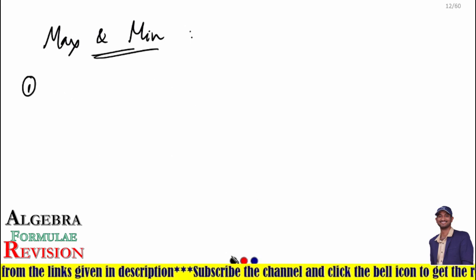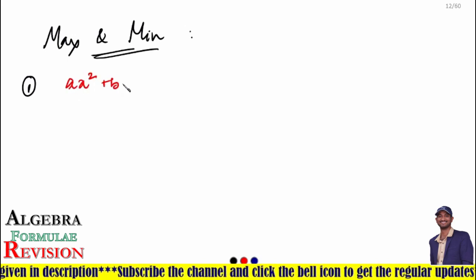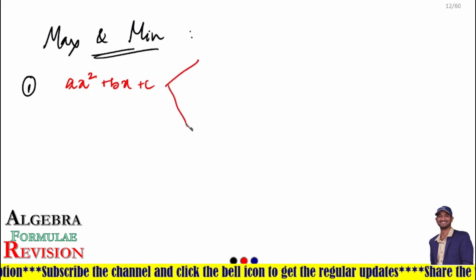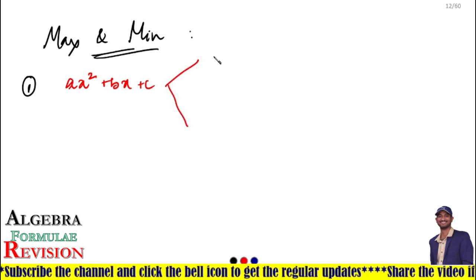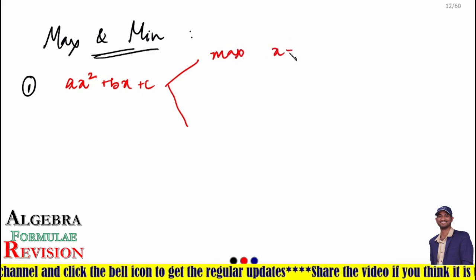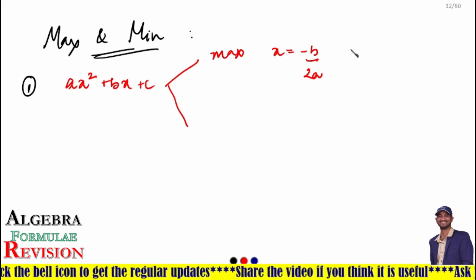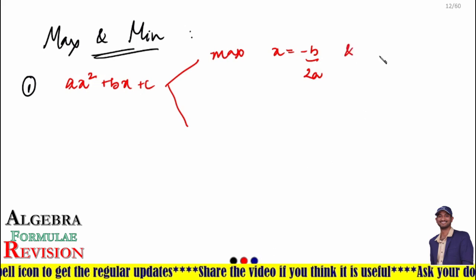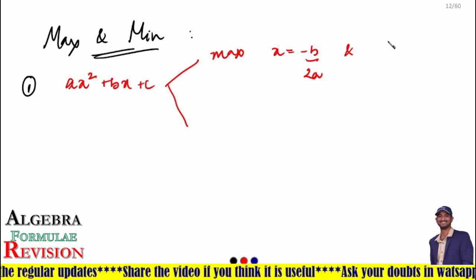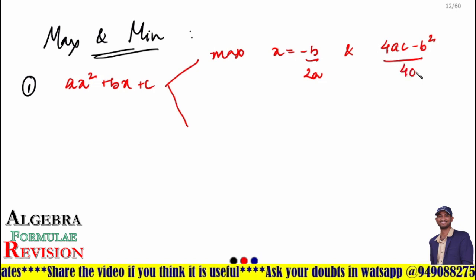The first point: there is a quadratic expression ax square plus bx plus c. This quadratic expression has its extreme at x is equal to minus b by 2a, and it has a maximum value which is equal to 4ac minus b square by 4a.